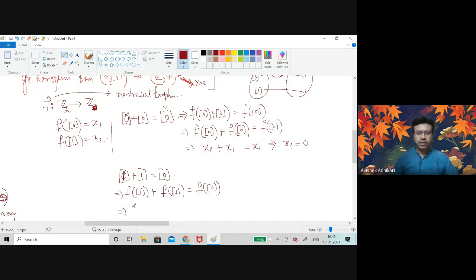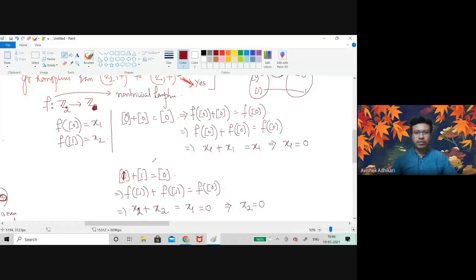That means, sorry, this is x2 plus x2 equals x1, and the x1 value is 0. So what is x2 then? x2 is also 0.